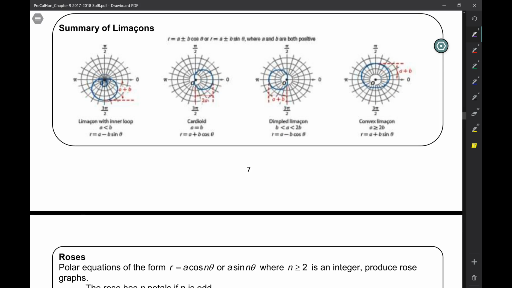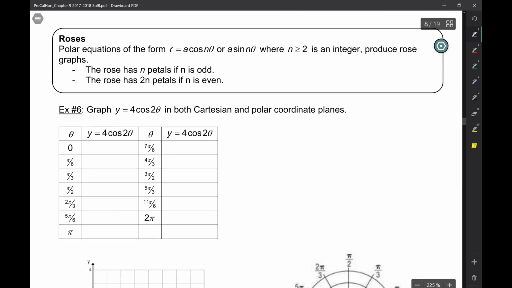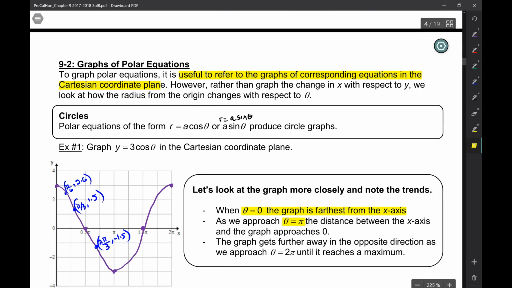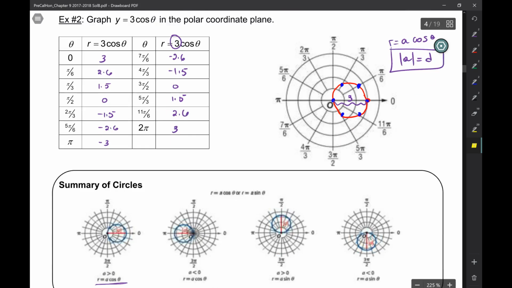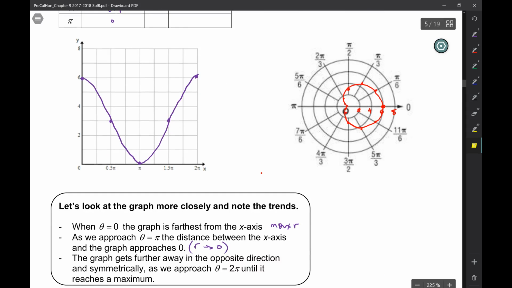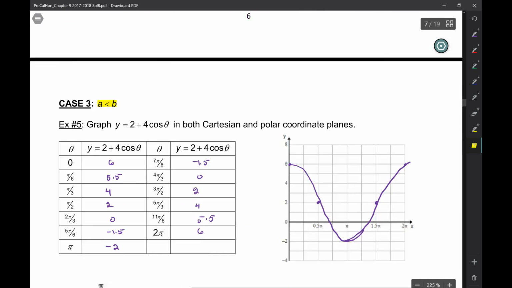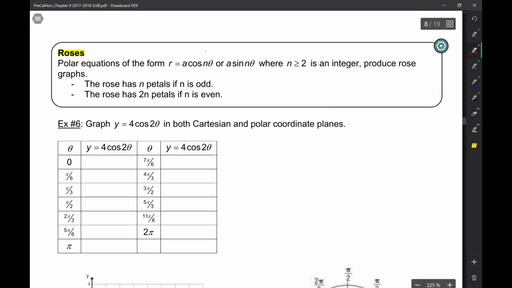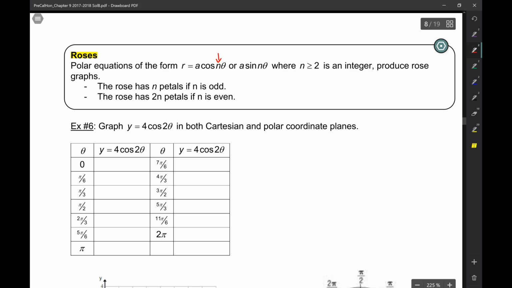Okay, roses. Ready for roses? The first thing we talked about were circles, remember? And we said those had the form A cosine theta, A sine theta. So that was just A cosine theta. Now if you have A cosine n theta, that gives you the graphs of roses.